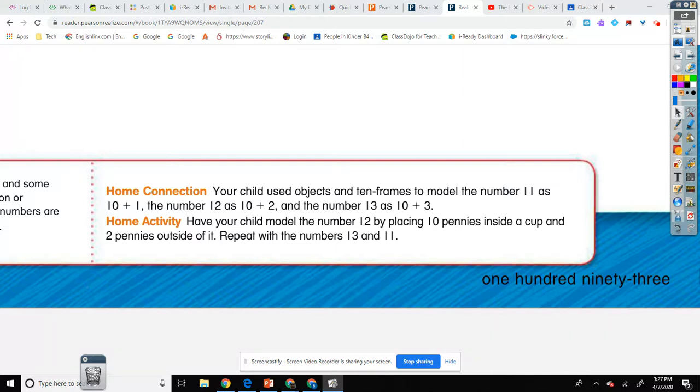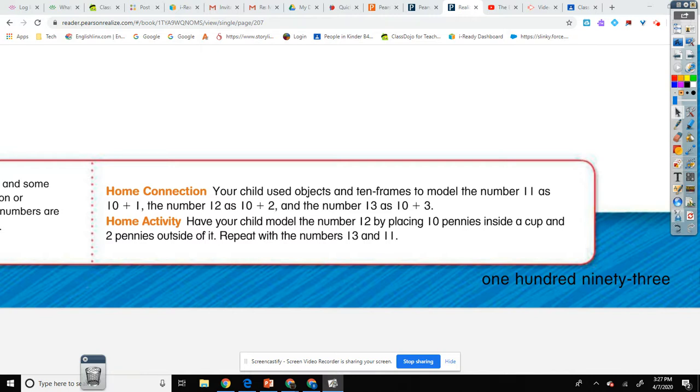So that stands for 12. You could put 10 rocks in a cup and 2 rocks outside. That stands for 10 plus 2, which is the number 12. And then you're supposed to repeat with the numbers 13 and 11. So now you put 10 rocks in a cup, 3 rocks outside the cup.